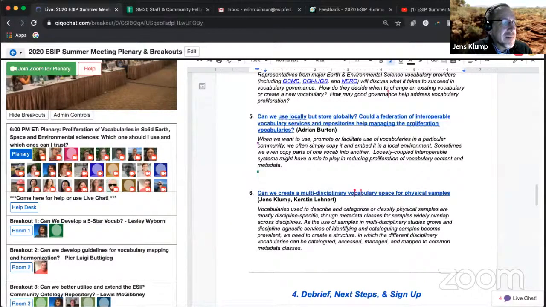On the other side, we also see big discipline-agnostic services emerging that identify and catalog samples. So maybe there's a need for structure for how we can bring all of this together, so different disciplinary vocabularies can be cataloged, accessed, managed, and mapped to common metadata classes so that we can achieve better interoperability than having everything split into different disciplines and siloed.